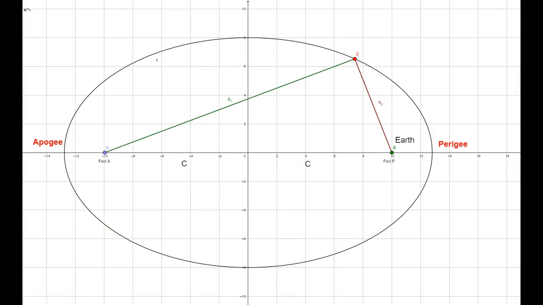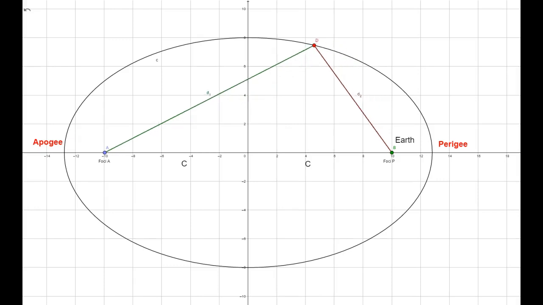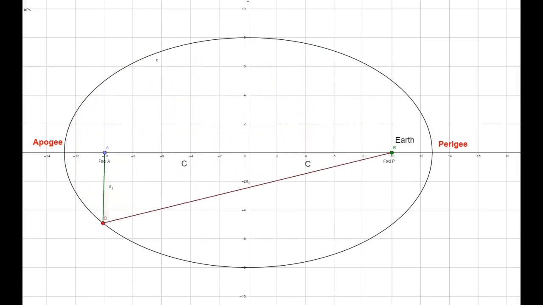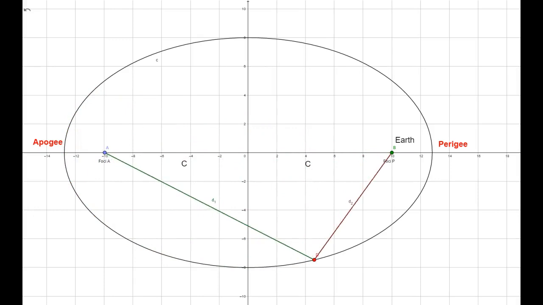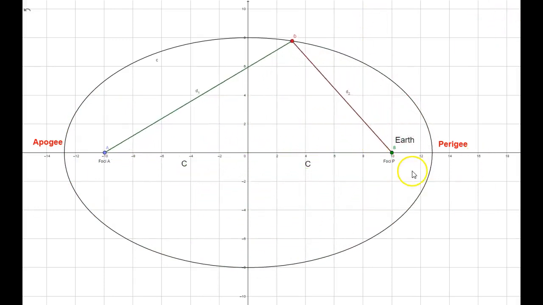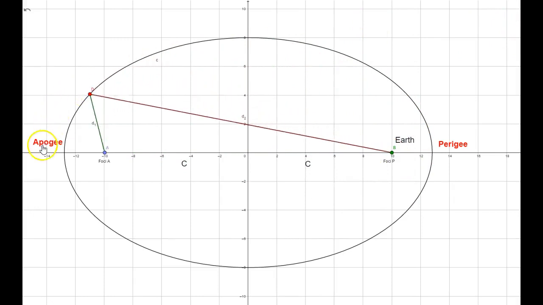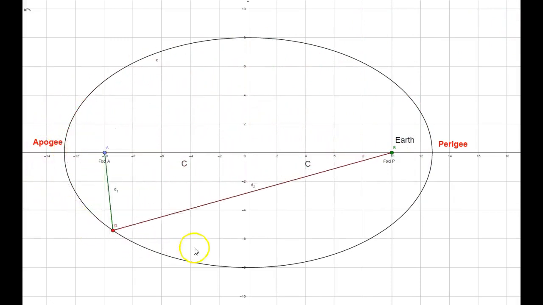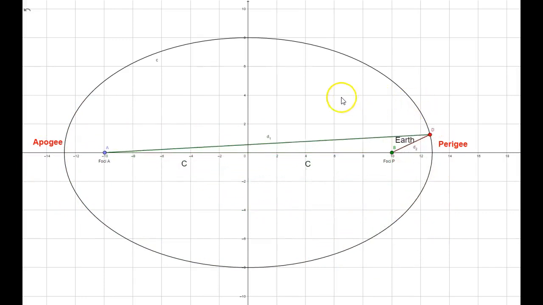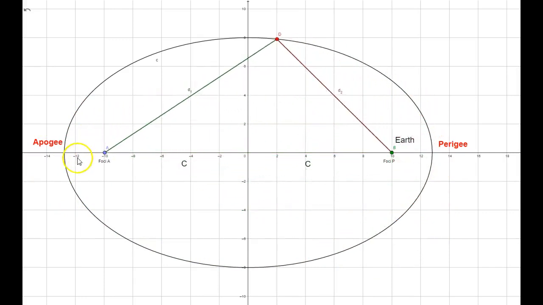Let's run this program and see how this orbit takes place. As you can see, the way I have this configured, this satellite is orbiting Earth and rotates around.